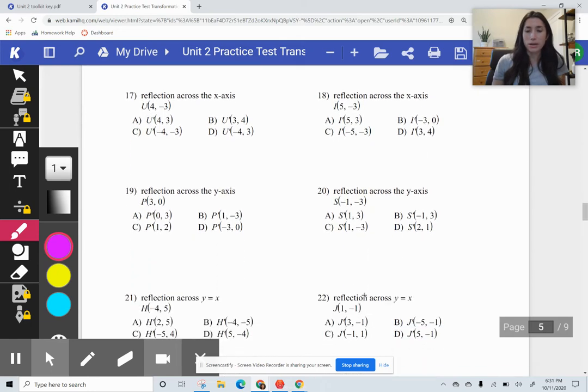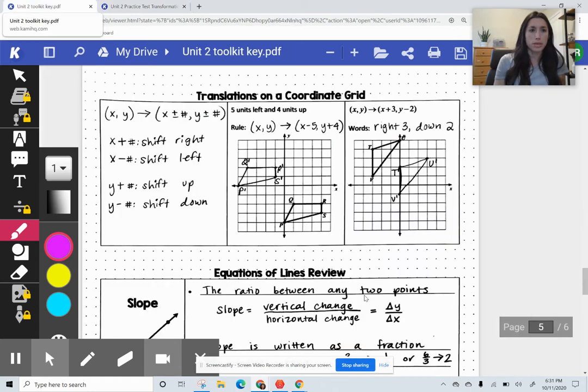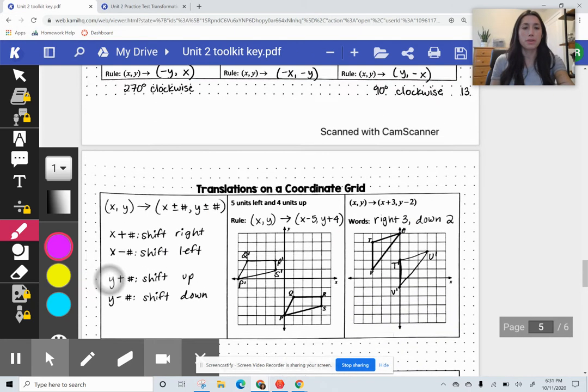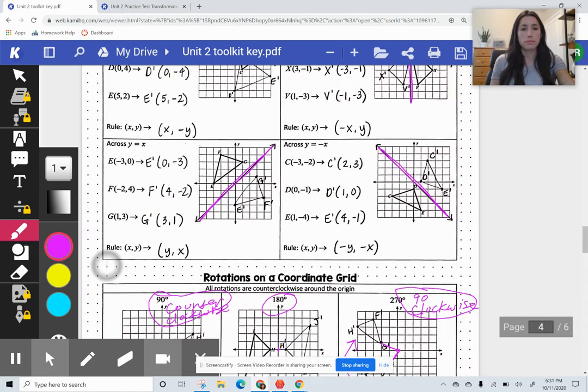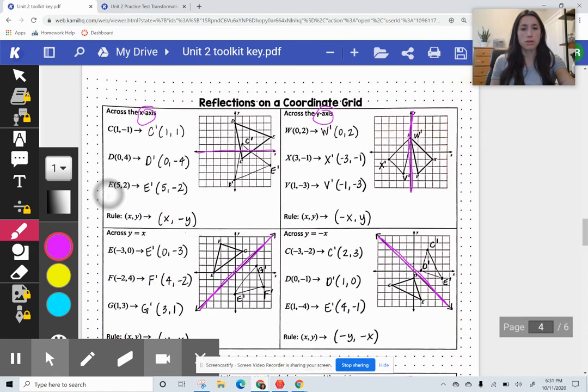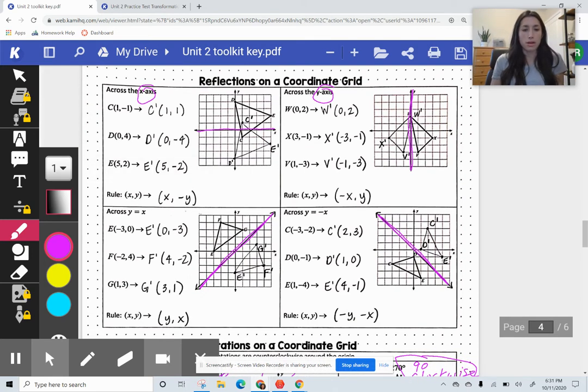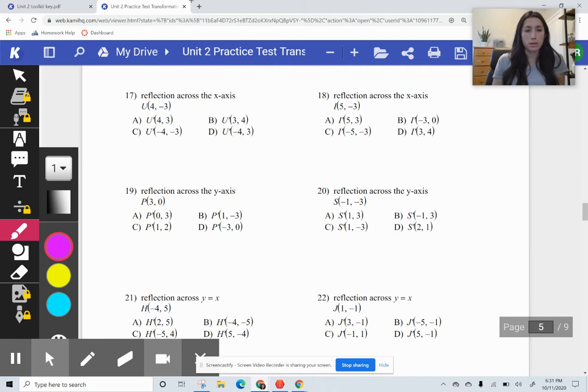Okay, now we're going back to our reflection rules. So reflection across the x-axis. Well, let's remind ourselves in our toolkit what our rule is for that. So we've got reflection on the x-axis. Here's our rule, (x, -y). So I'm going to write that down here.